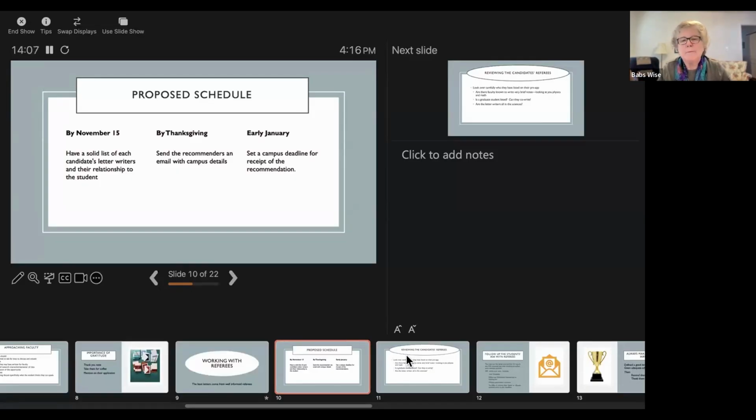And it will allow you to see if maybe the letters aren't hitting quite the right note. Okay. So I really think that's a big step. If you have a good schedule, then folks can work to it. And usually if they get it by Thanksgiving, they should have plenty of time to get it to you by early January.